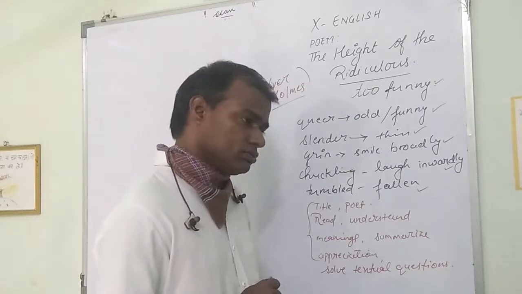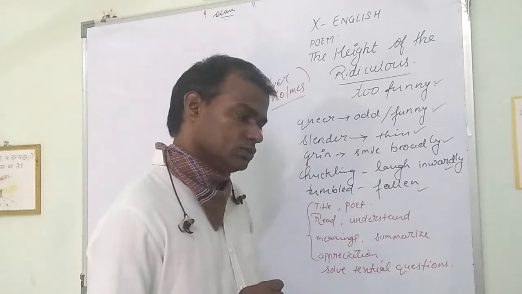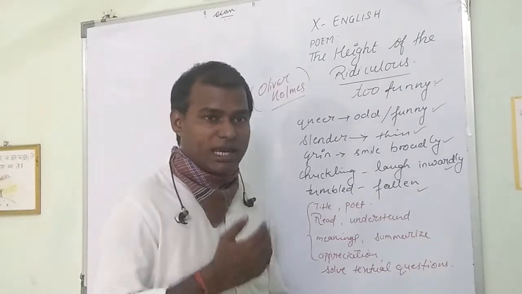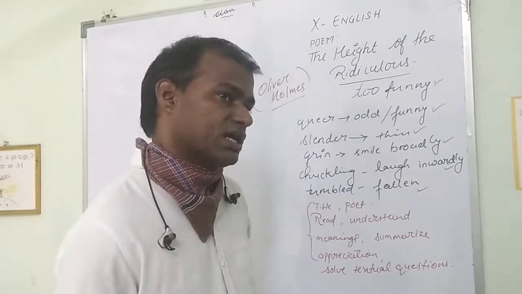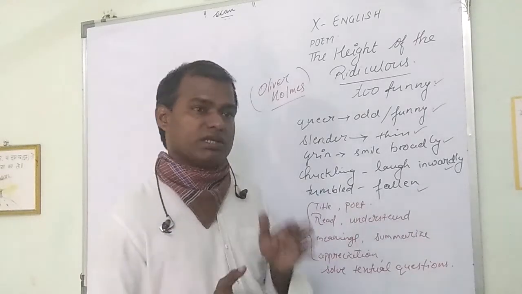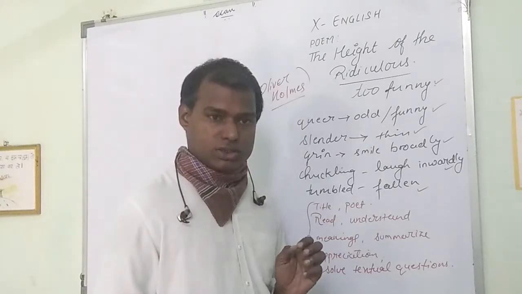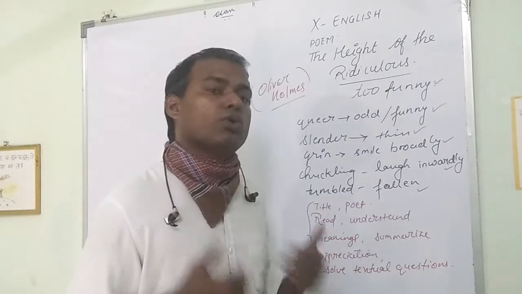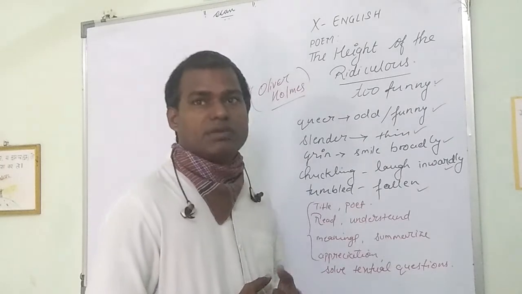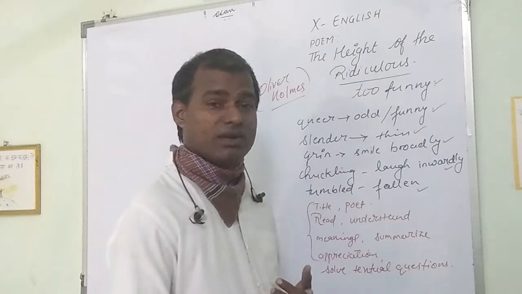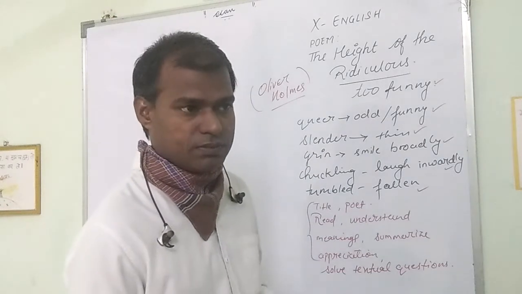When you read the poem line by line, you try to understand, because I have given the explanation very briefly. You have to go through each and every word so that you make complete sense in your own sentences, because only then will you be able to write in the exam.